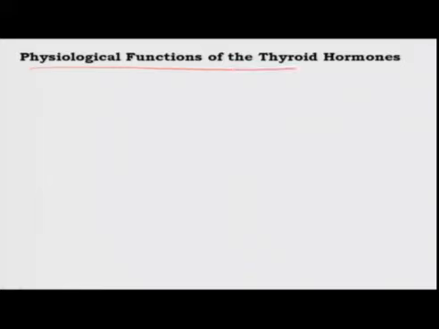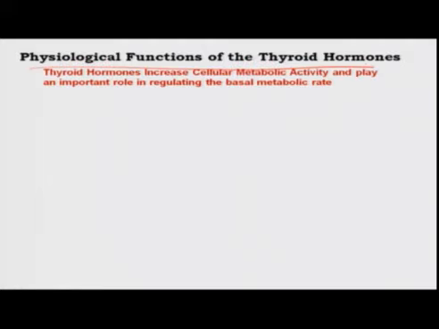So, what are these physiological functions of the thyroid hormone? The thyroid hormone actually does multiple things, it has multiple effects, but these are mostly manifested because of an increase in cellular metabolic activity. I just talked about what is metabolism.